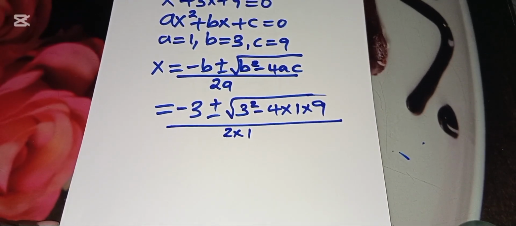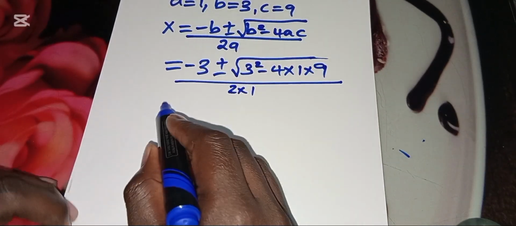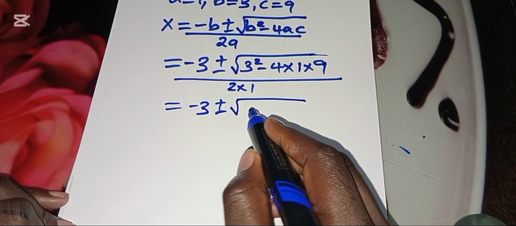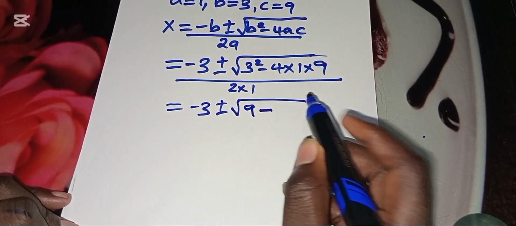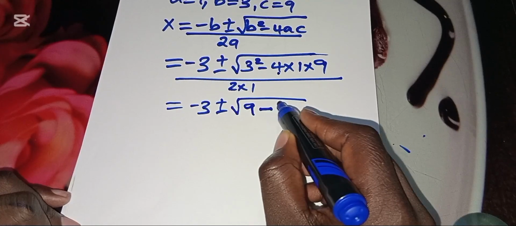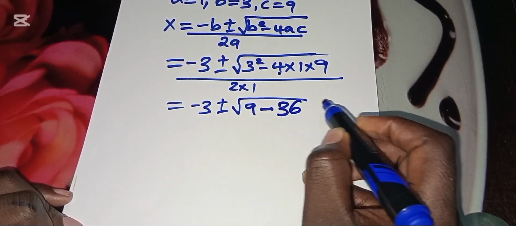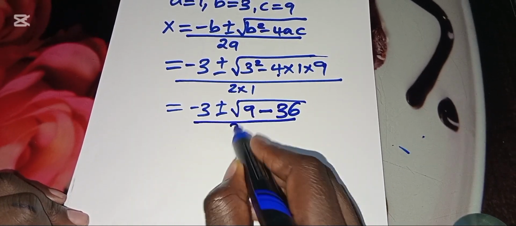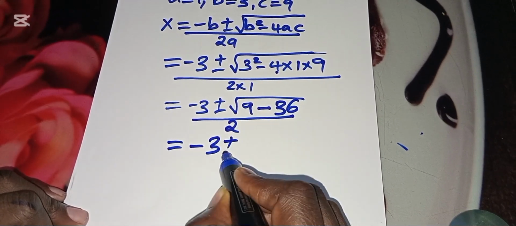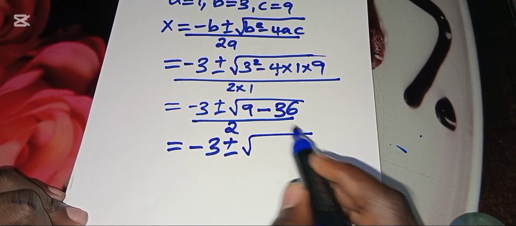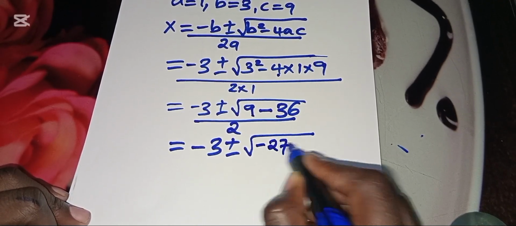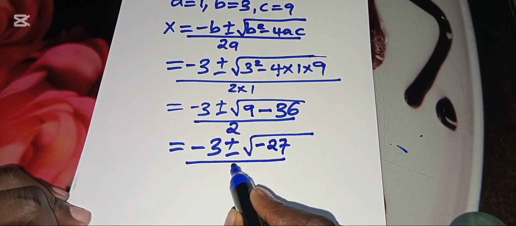From here we have negative 3 plus or minus the square root of 9 subtract 36, which is negative 27, divided by 2.